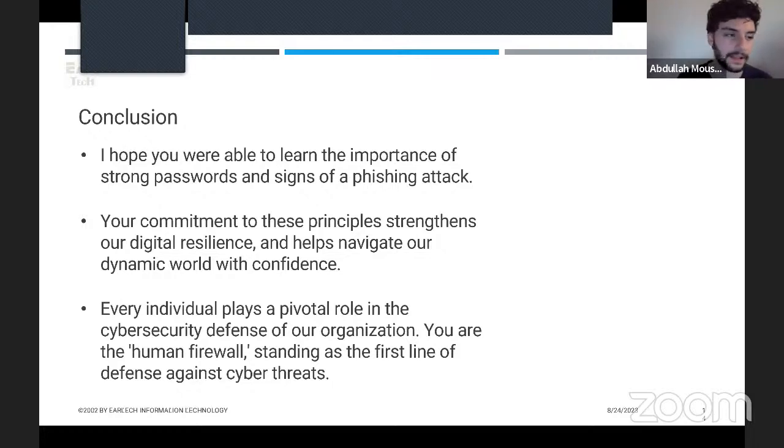Let's not forget, every individual plays a pivotal role in the cybersecurity defense of our organization. You need to be the human firewall, basically, standing as the first line of defense against cyber threats. And that's it.